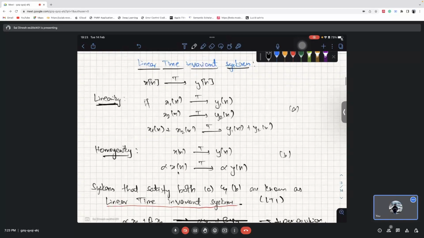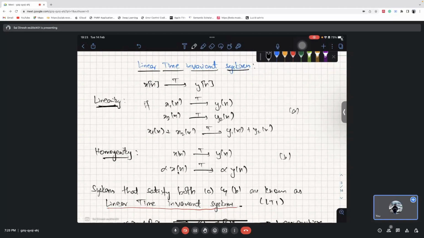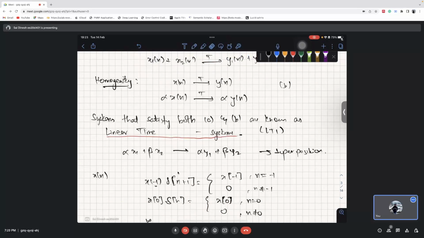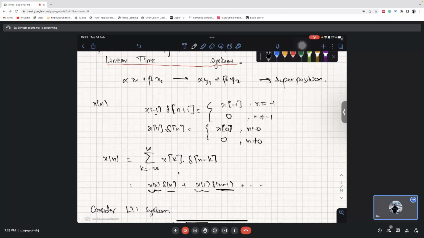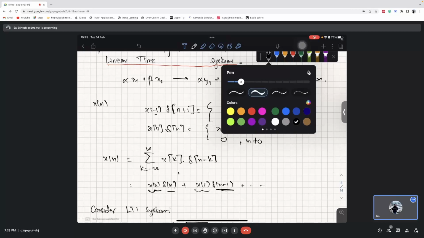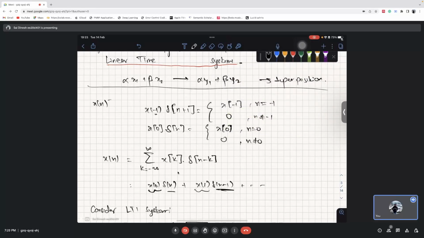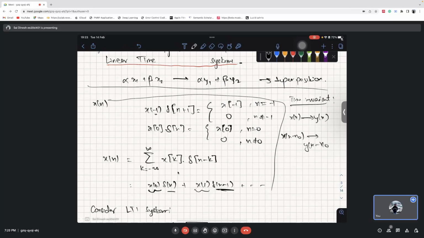Sorry, I messed up here. Yeah, we have another class of systems known as time invariant systems, where if x of n produces y of n, then x of n minus n naught, which is a delayed version of x of n, produces y of n minus n naught, which is the delayed version of the output by the same time.